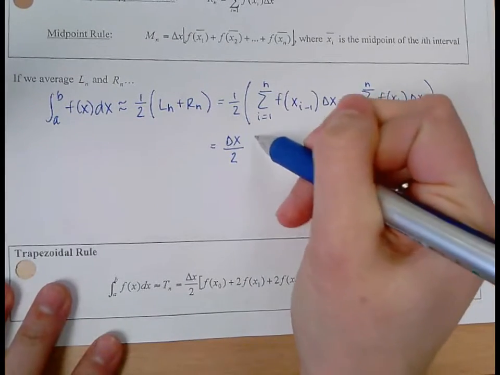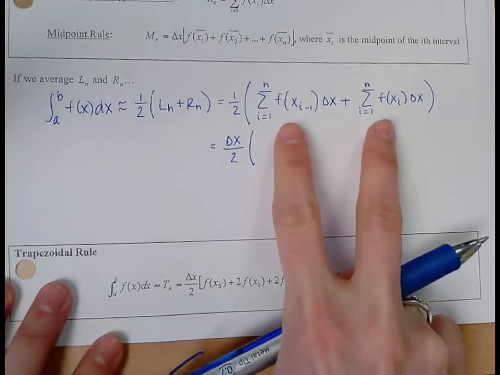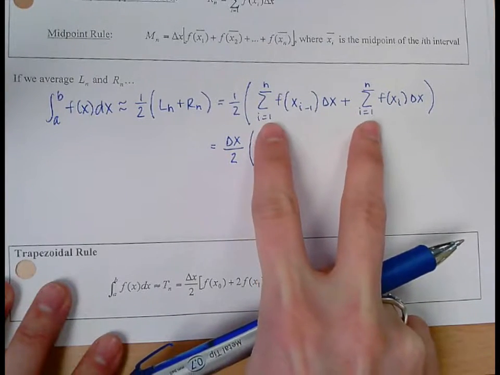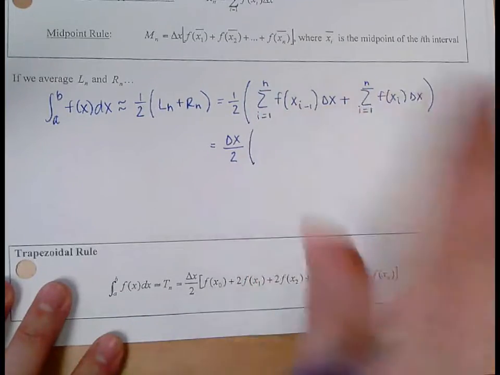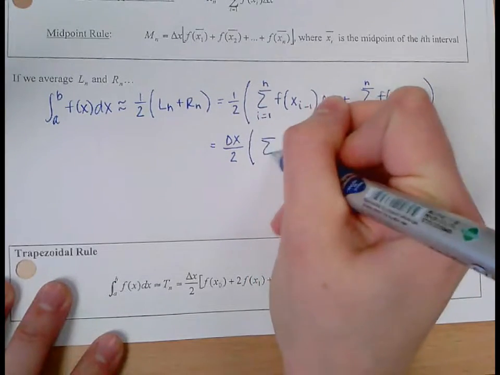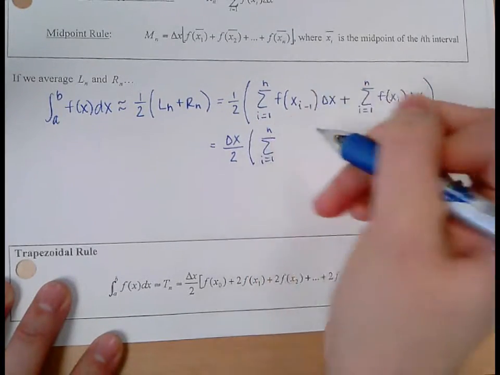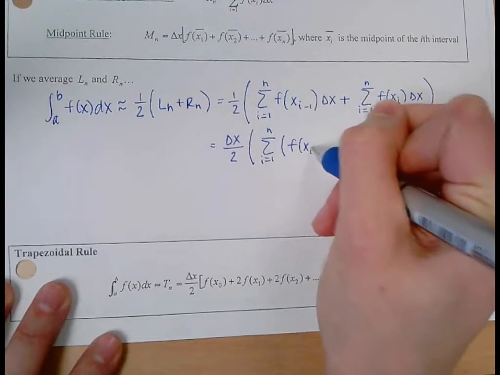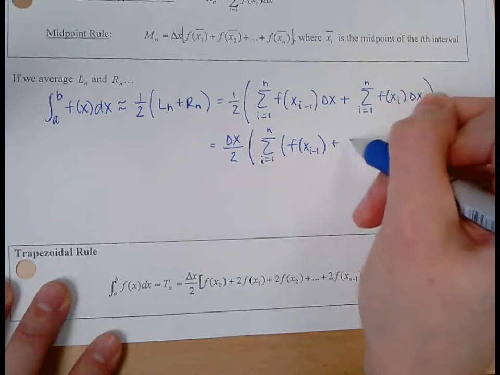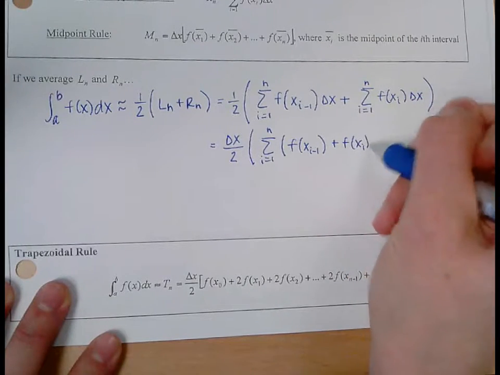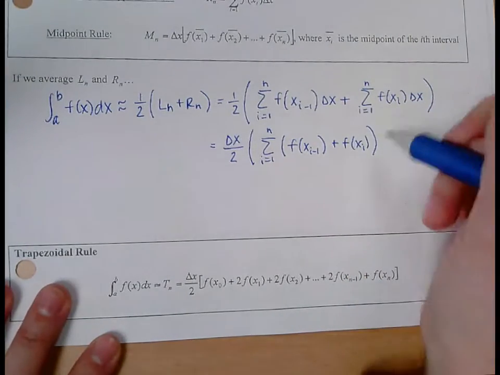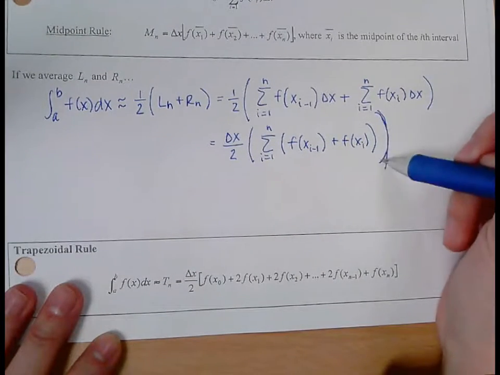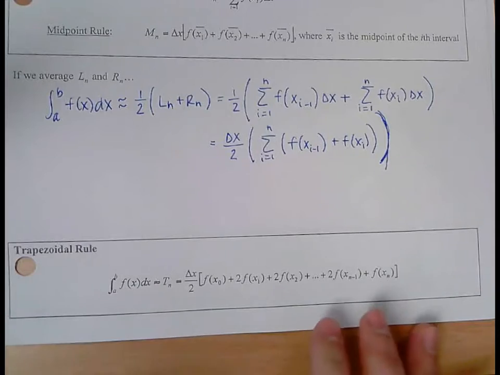And then what I'm left with inside is, because there's summations from the same interval of i values from i equals 1 to n, I can just write it this way as the summation from i equals 1 to n of the quantity f of x sub i minus 1 plus f of x sub i. This is supposed to be a final parenthesis at the end.